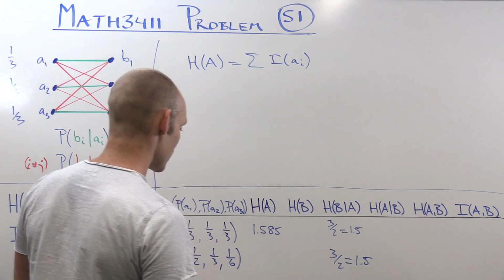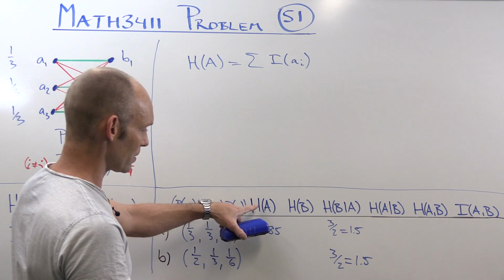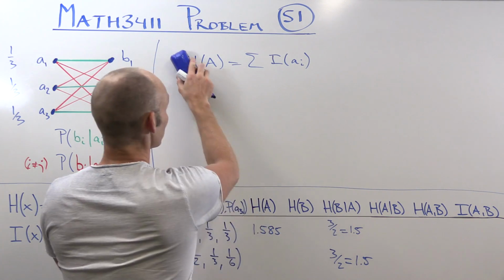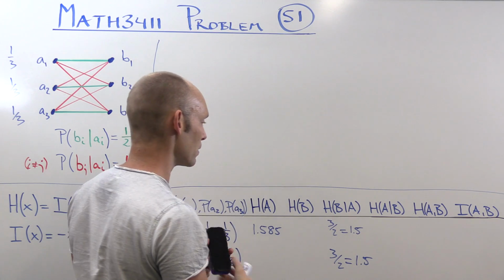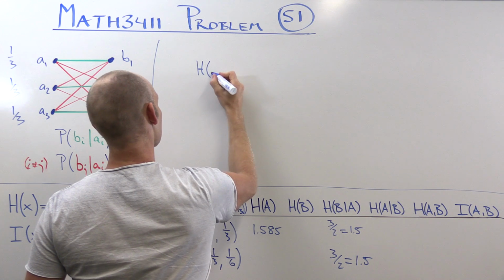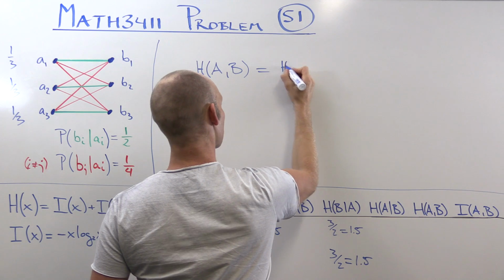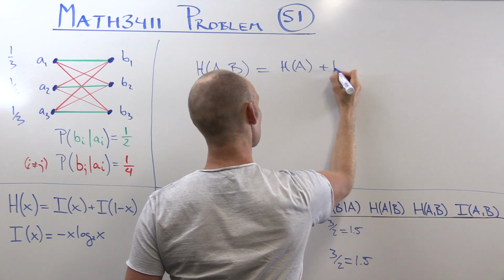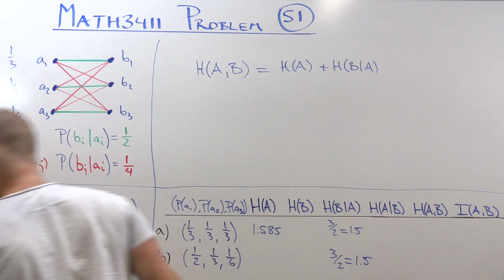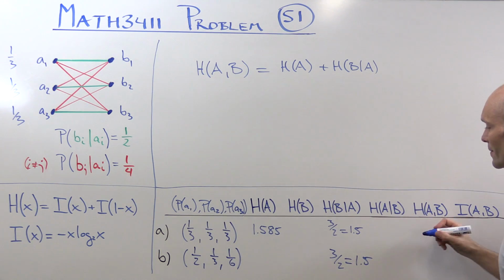Okay, so let's use this now. We've got the entropy of A, we've got the entropy of B given A, so we can calculate, for instance, the joint entropy of A and B. That's the entropy of A plus the entropy of B given A, the entropy, so to speak, of B without the newsworthy bit of A, if you want.